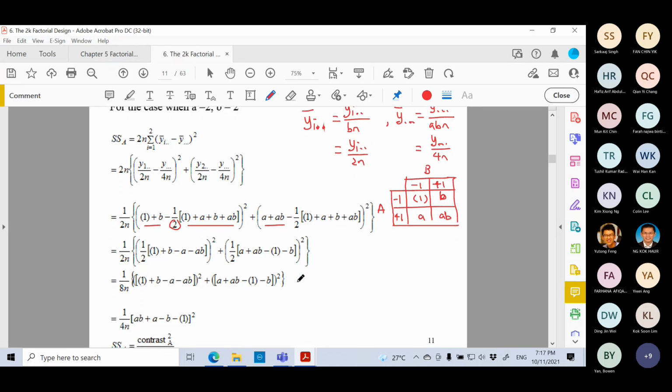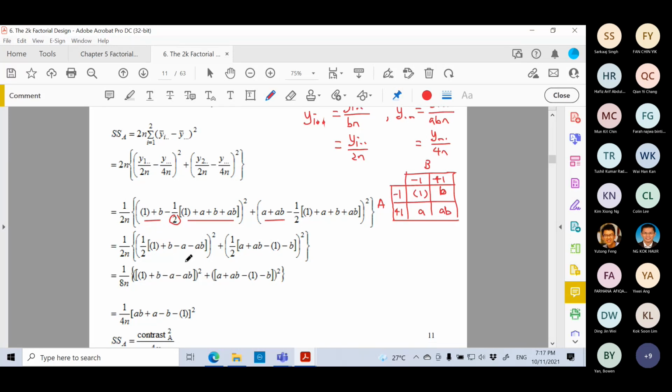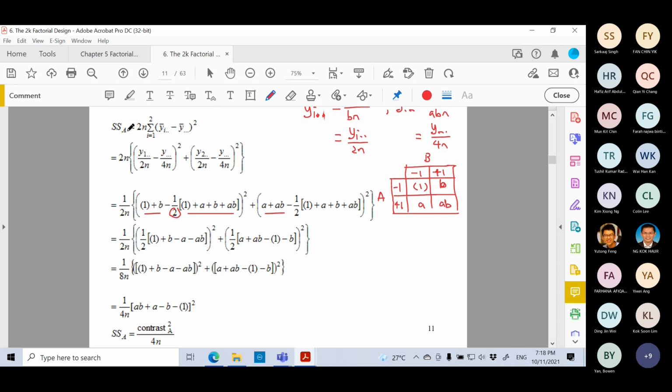Then if you observe, the 1 over 2 here can also be factored out. You get the 4 here, so it becomes the 8 here. Then you have this whole thing, and this thing will be the same. Because of the square here, you can bring out the negative and combine them together. So these two totals become 2. So finally, you will get your sum of square for A.